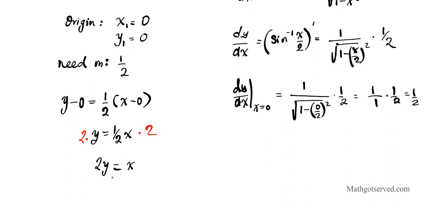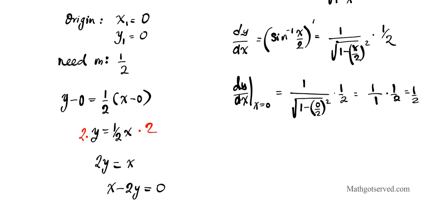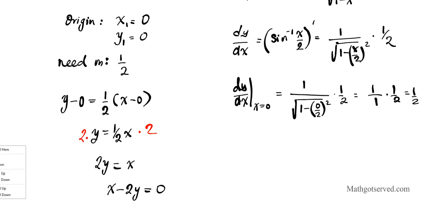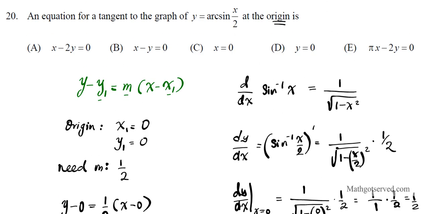Then we set it equal to 0 so that the coefficient of x is positive. We subtract 2y from both sides and have x minus 2y equals 0. So there goes the equation of the tangent line in standard form. Our answer is option A.